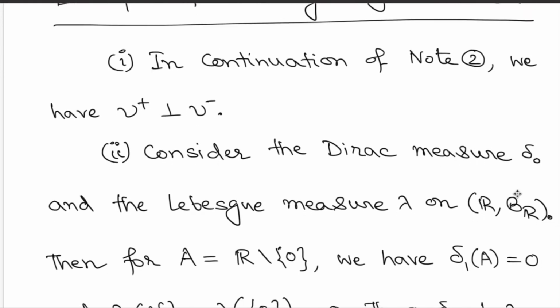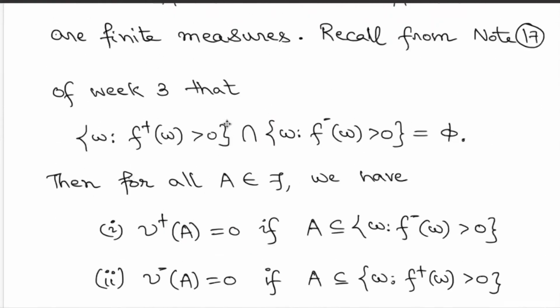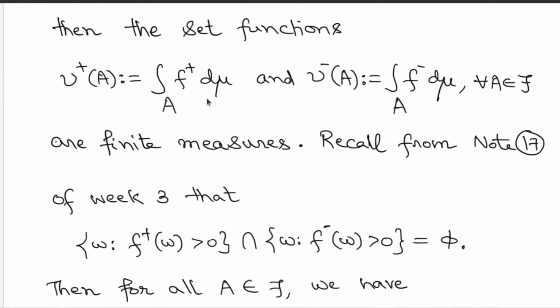So what are examples? Whatever we mentioned earlier in note 2, we had two measures, nu plus and nu minus. Let's go back. We said that you look at this general measurable function f, which is given to be integrable, and look at its positive part and negative part. There you focus on nu plus and nu minus.